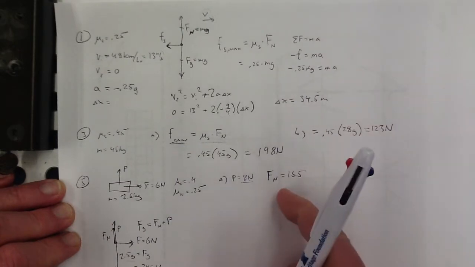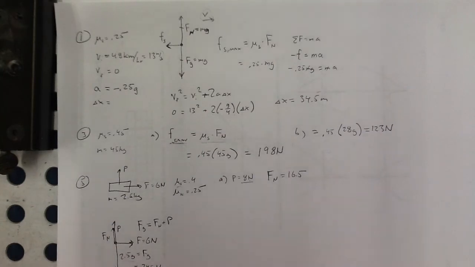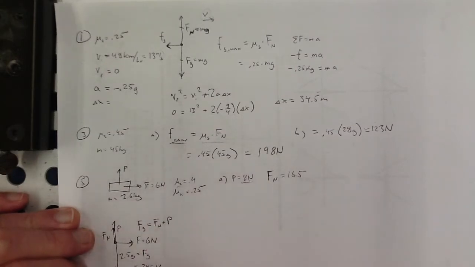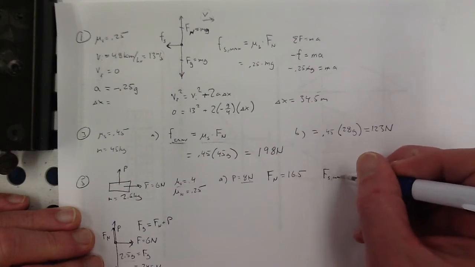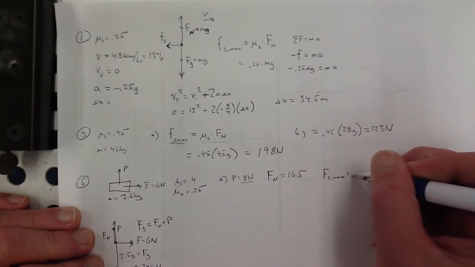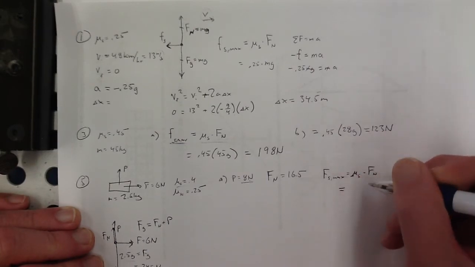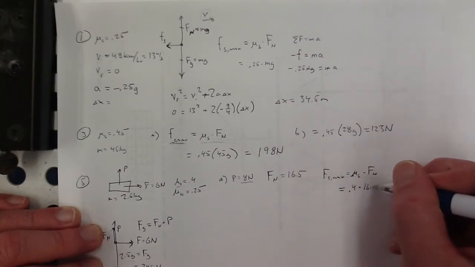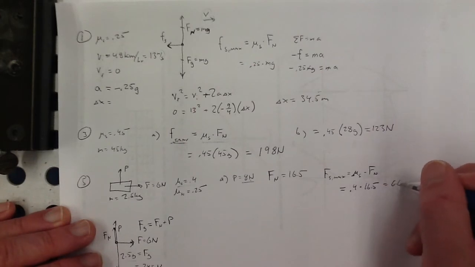Okay, so the first thing we have to do is see, is there enough static friction to keep the block from moving? So what's the maximum amount of static friction available? It's the coefficient of static friction times the normal force. In this case, that is 0.4 times the normal force, which is 16.5. 0.4 times 16.5 is 6.6 newtons.